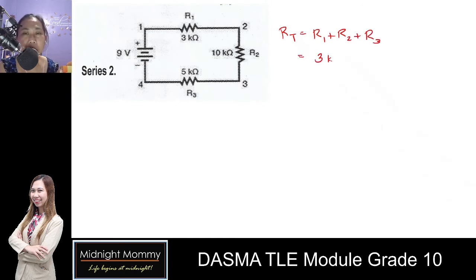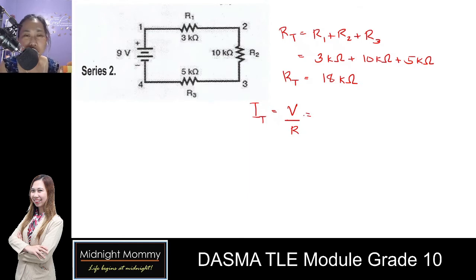So meron kang 3 kilo ohms plus 10 kilo ohms plus 5 kilo ohms. Okay, so therefore, ang total resistance po natin is 18 kilo. Next, para ma-solve natin ang total current. So again, this is voltage over resistance.